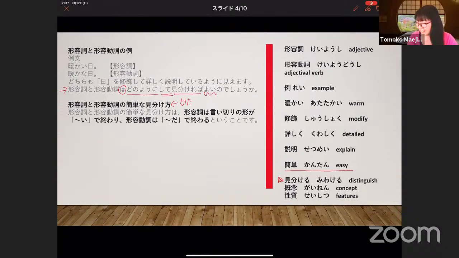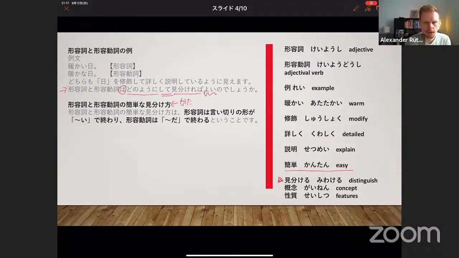Okay, here we go. 形容詞と形容動詞の簡単な見分け方は, then you continue. 形容詞は 言い切り.